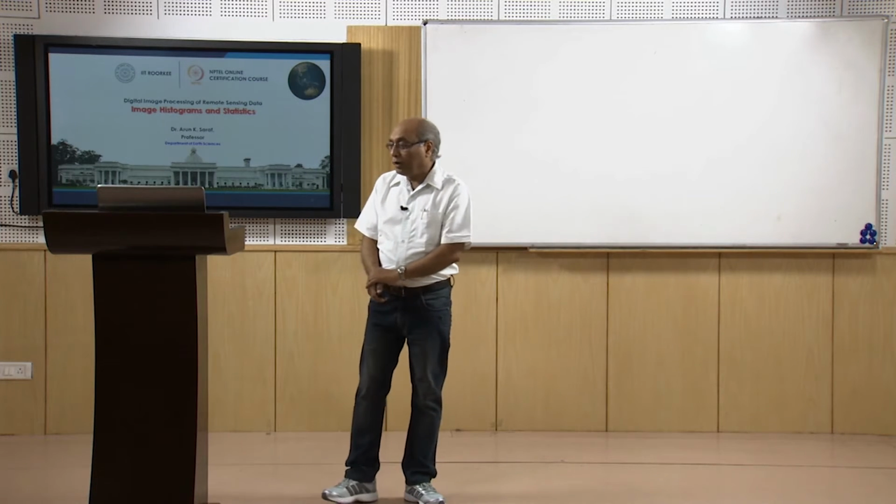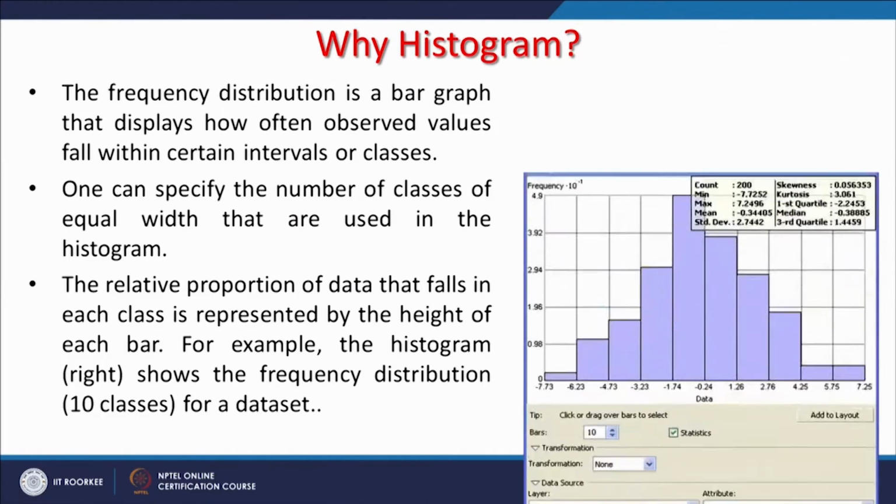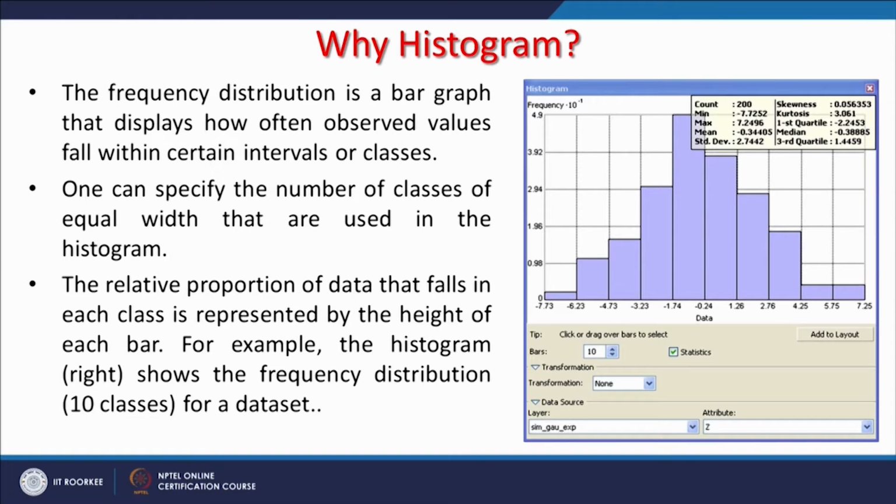So this is the frequency distribution in a bar graph, the bar graph which I was mentioning, where you have the data or the pixel values, and on the y-axis you have the frequency. This is a distribution of pixels against the frequency.